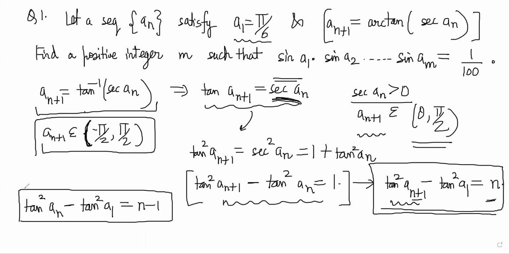So basically, we know the value of a_1 is pi by 6. So tan² a_1 is simply 1 by 3 because tan a_1 is 1 by root 3. So we have tan² a_n minus 1 by 3 is n minus 1, right? So I'll go to the next screen.